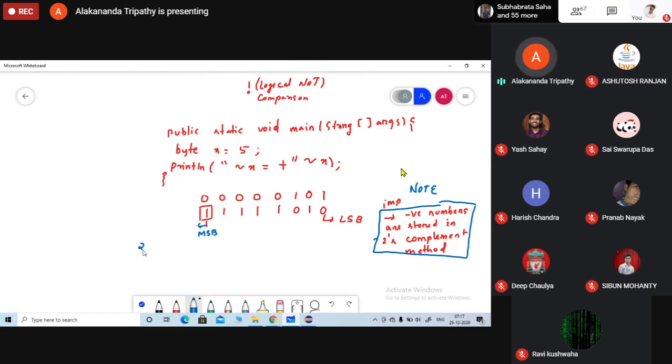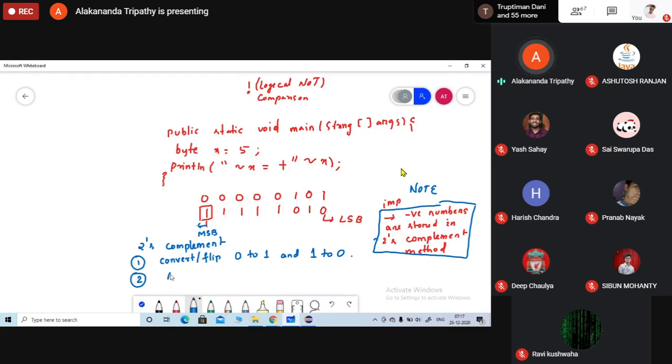Write down the rule. First rule of the two's complement method: convert or flip 0 to 1 and 1 to 0. This is my first step. Second point.